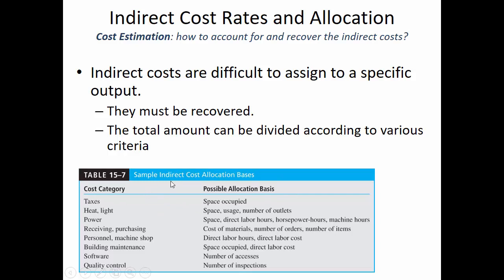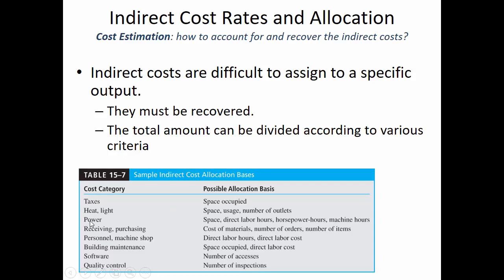For instance, if a certain division in your company uses a lot of floor space in a warehouse, you might expect that division to cover a disproportionately larger amount of property taxes, since property taxes are often paid on the basis of space.